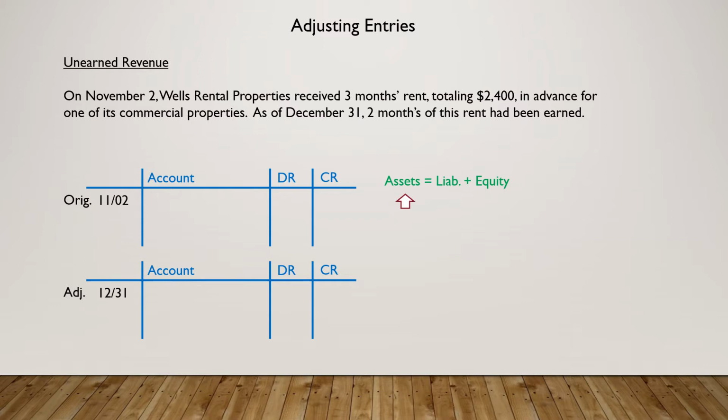While Wells has received this cash, it has not yet earned it, so we can't increase equity with the revenue. Instead, Wells has an obligation to provide its tenant building occupancy over the next 3 months, so we increase our liabilities. To increase cash, we record a debit, and we record a credit to unearned revenue, our liability account, then post to the ledger accounts.